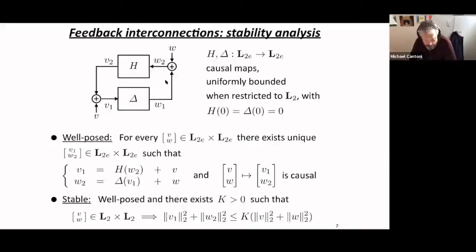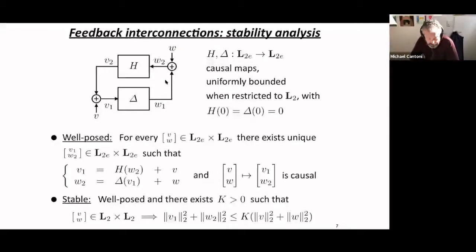Well-posedness is often not too difficult to achieve. In particular, if any one of these has zero instantaneous gain, then the feedback interconnection will be well posed. What we're more often interested in is what happens when these exogenous inputs are restricted to L2.